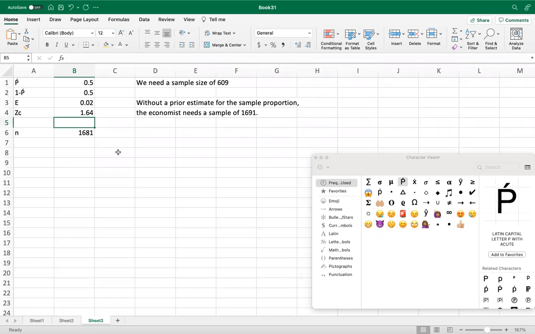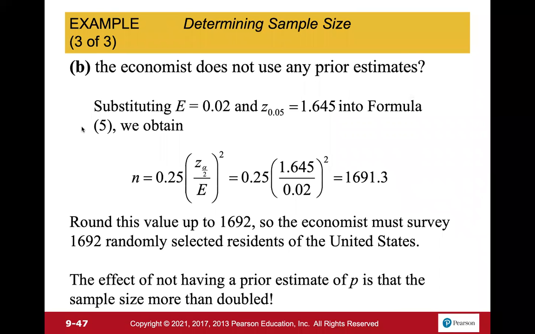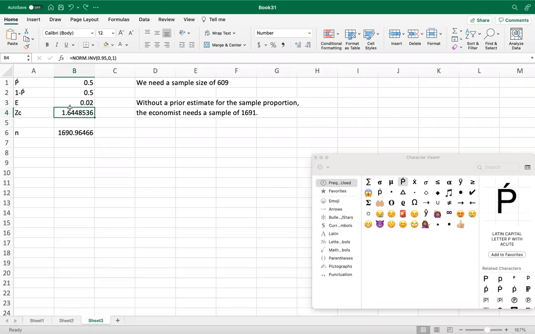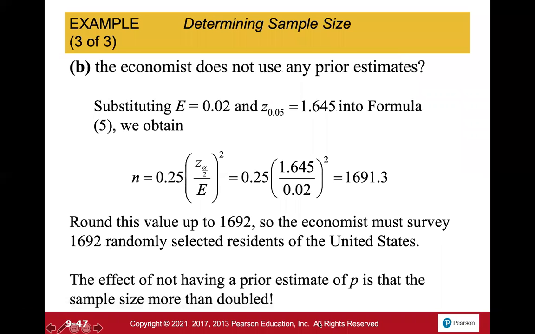Okay, well, that's what we ended up getting here. They kind of cut things off a little bit. What did they use? 1.645. Oh, okay, there we go. So again, we were a little bit more accurate with our estimate instead of theirs. But anyway, they still had to round up one. So they ended up with 1692 instead of 1691.